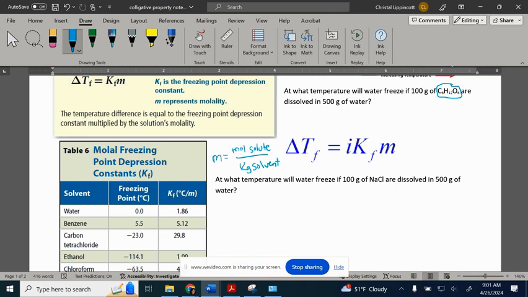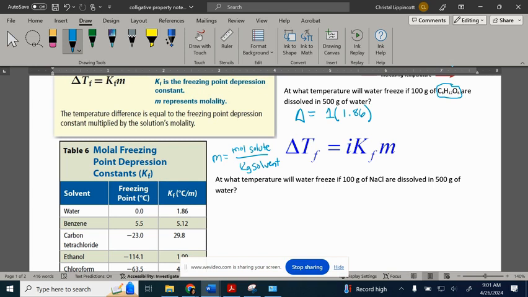Okay, because it's not going to break apart. Right? So my interference factor is going to equal 1. My KF, well, we're trying to freeze water. So we're going to go over to our table here, and we're going to find our KF value. So that is 1.86.